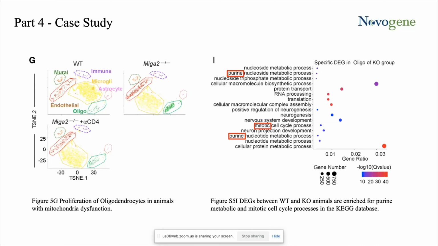And this increase is reversed by removing CD4 plus T cells, as shown in the bottom plot. The right figure shows the KEGG enrichment analysis of differentially expressed genes between the wild type and knockout animals. And the authors found the pathways that may be responsible for oligodendrocyte overproliferation in response to xanthine.